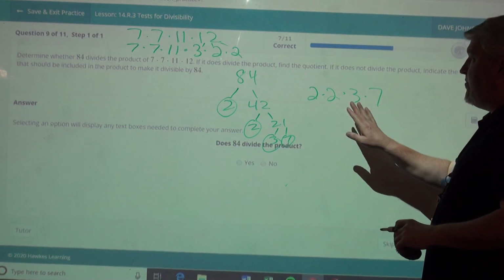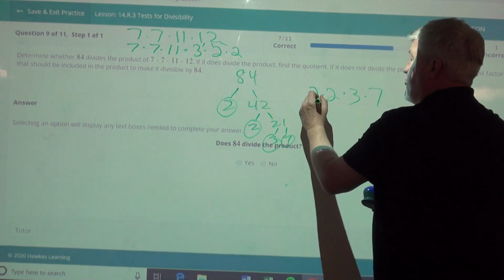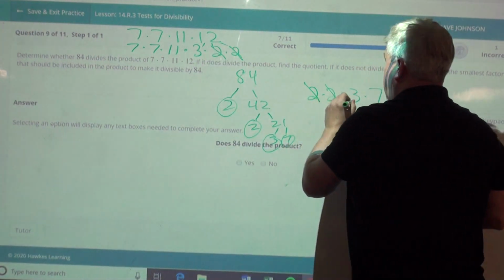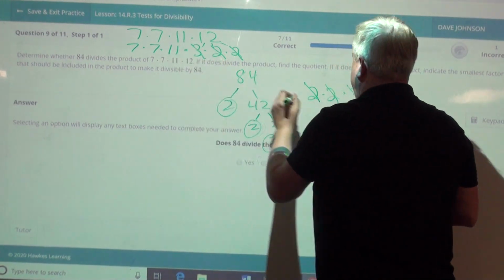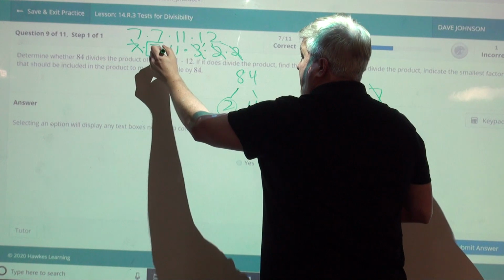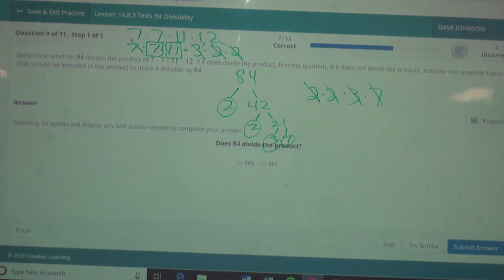Do I have all of these factors in my list? I have a 2, I have a 2, I have a 3, I have a 7, and I have a 7. It leaves me with 7 times 11 left over. So the answer is yes. What is the product? The quotient is 7 times 11, which is 77.